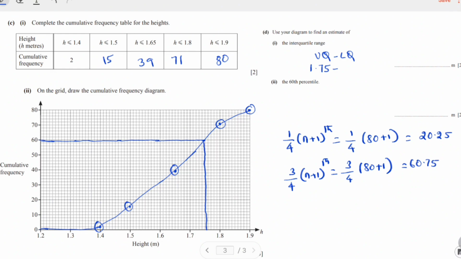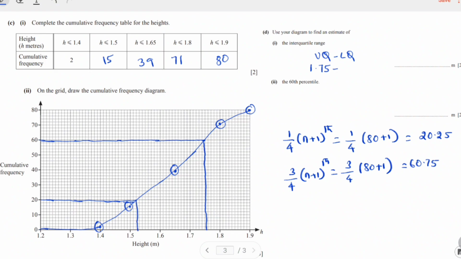Now coming to the lower quartile, I will draw at the point 20 a horizontal line and make the line meet the curve at this point, and drop a vertical line.